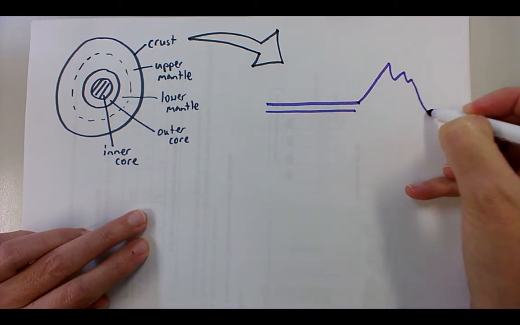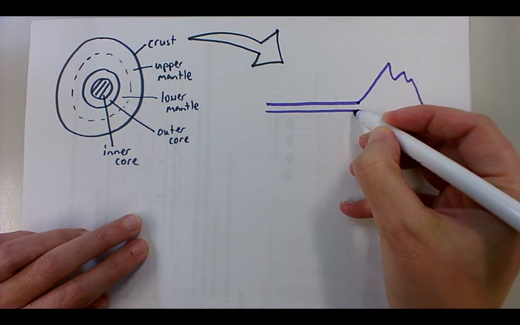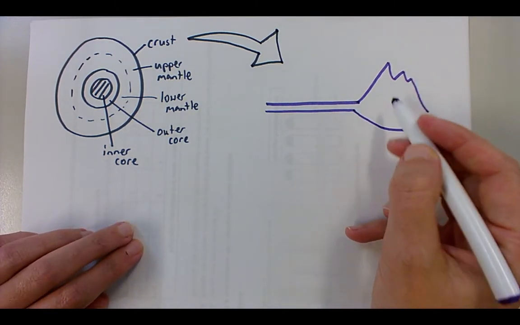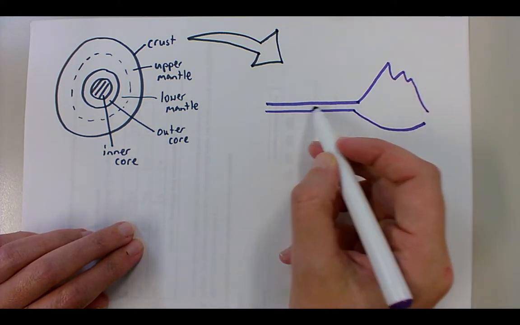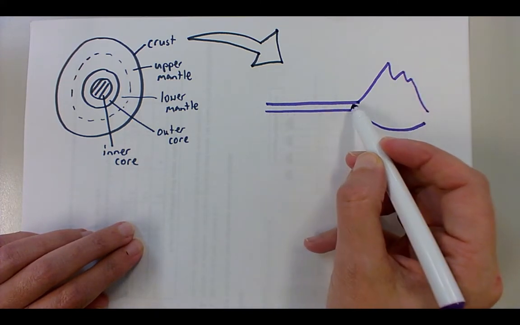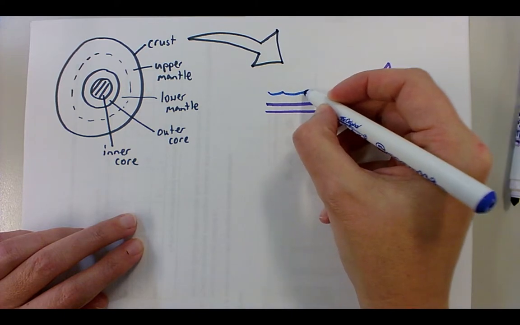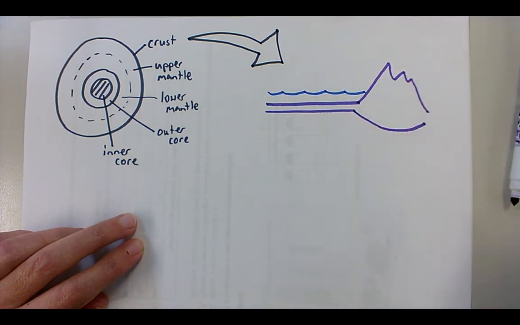We'll do a little mountain range here for the land. And it's thicker under the land. Say this is under a continent, this is under the ocean. It's thinner under the ocean, much thicker under the continents. I'm going to draw in a little ocean here. So the ocean sits above the crust, like that.